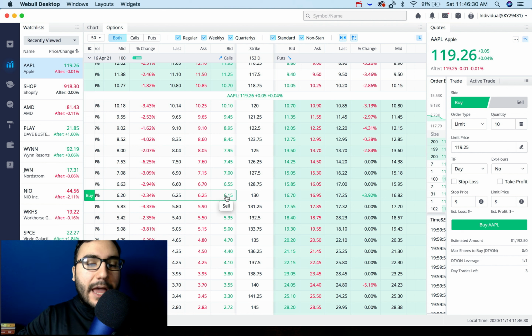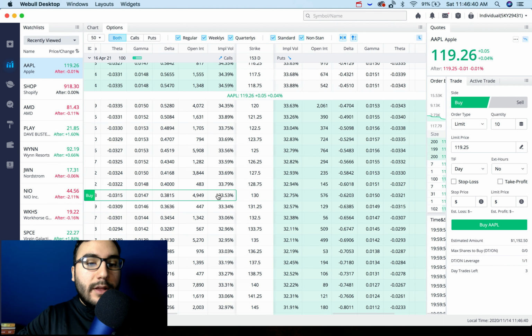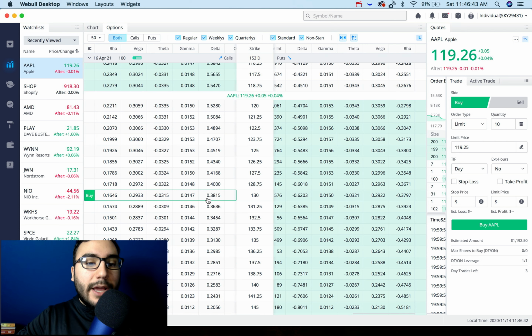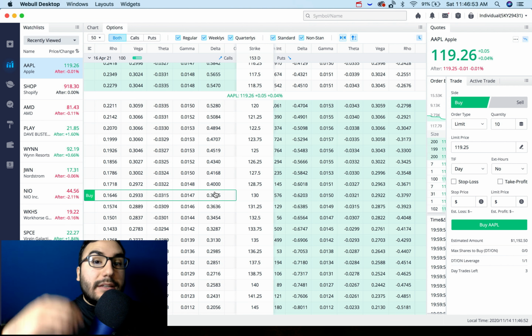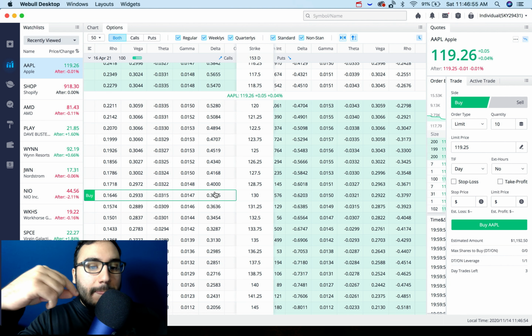So let's say Apple's trading at 119. We buy this contract, and then Apple goes up $1 per share to $120. That is going to move the premium that you paid by what the delta is, because the delta shows you how much the option moves for each dollar move up or down.